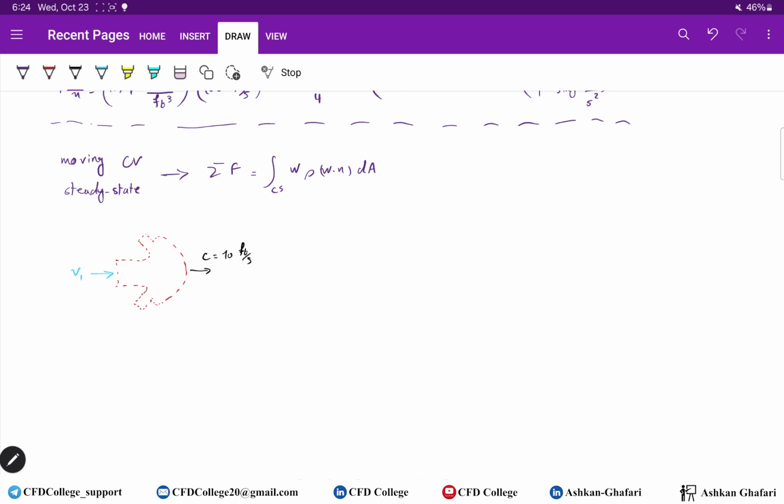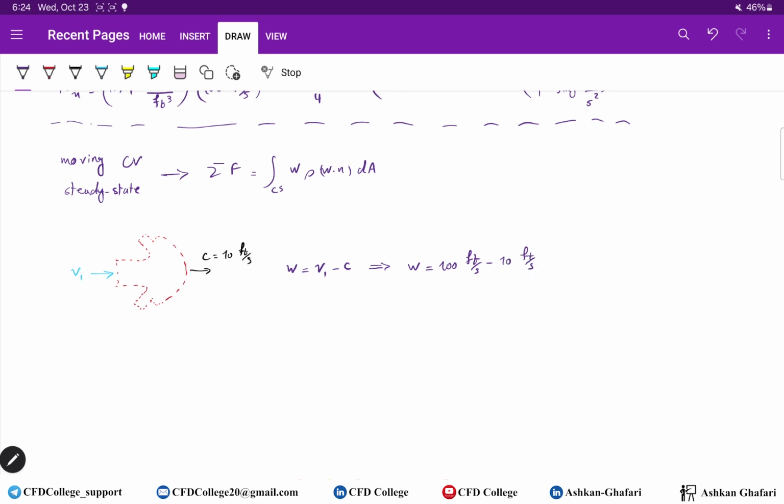C is the velocity of control volume. The relative velocity W equals the velocity we have minus the velocity of the control volume. So here it's easy. W equals 100 feet per second minus 10 feet per second.